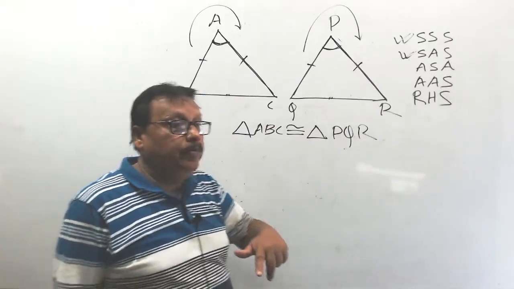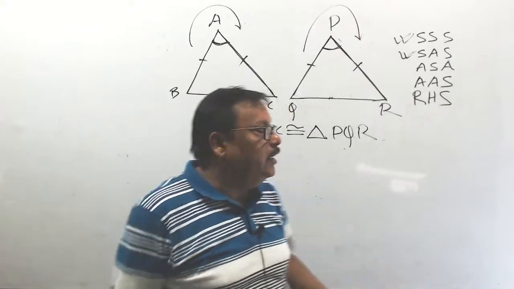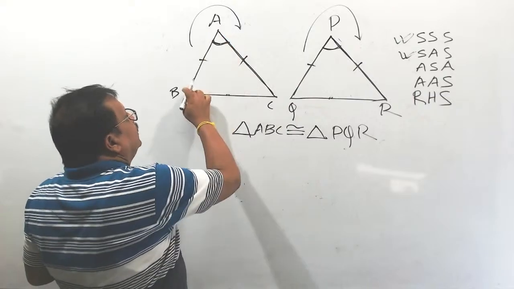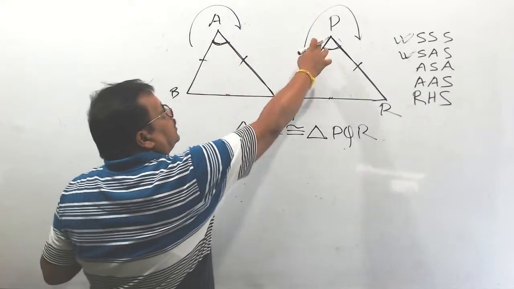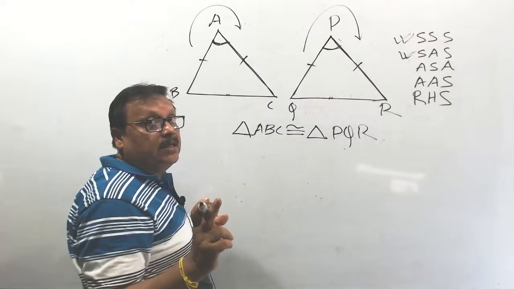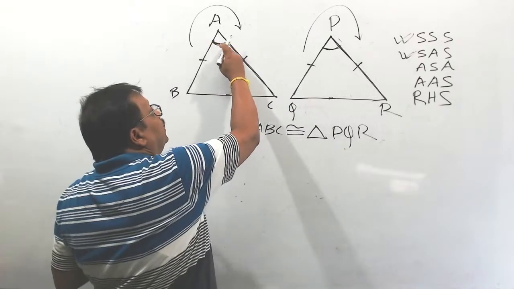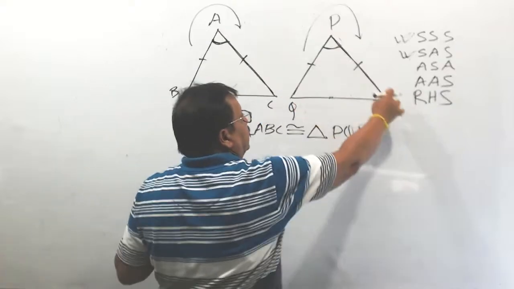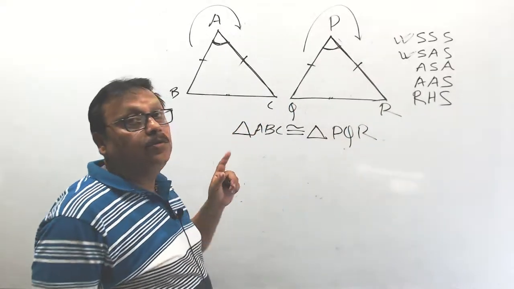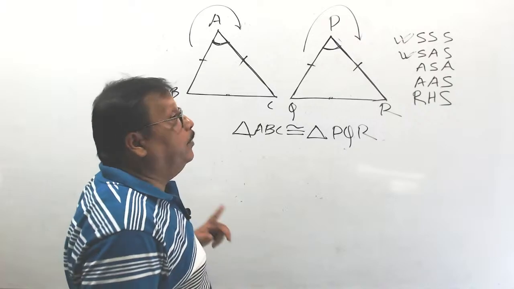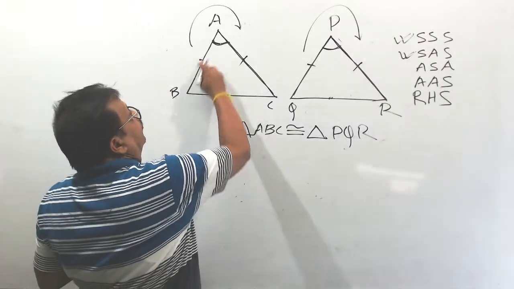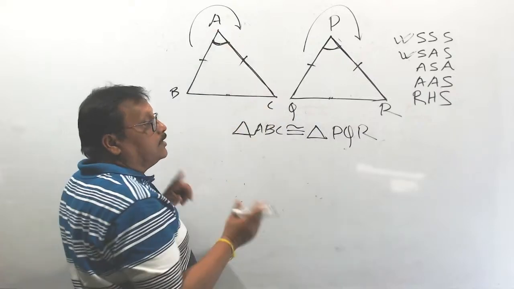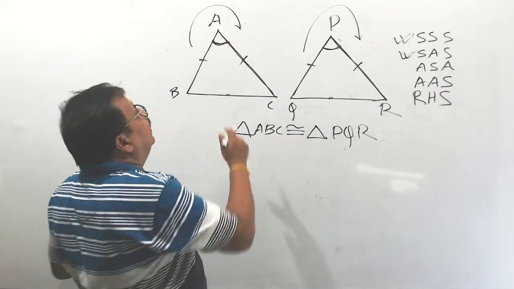If we can prove from the given conditions, for two triangles, that one pair of corresponding sides is equal, the corresponding angles are equal, and after that another pair of corresponding sides is equal, then the two triangles will be congruent. But you have to remember, for the SAS property, the corresponding sides and angle will be what?